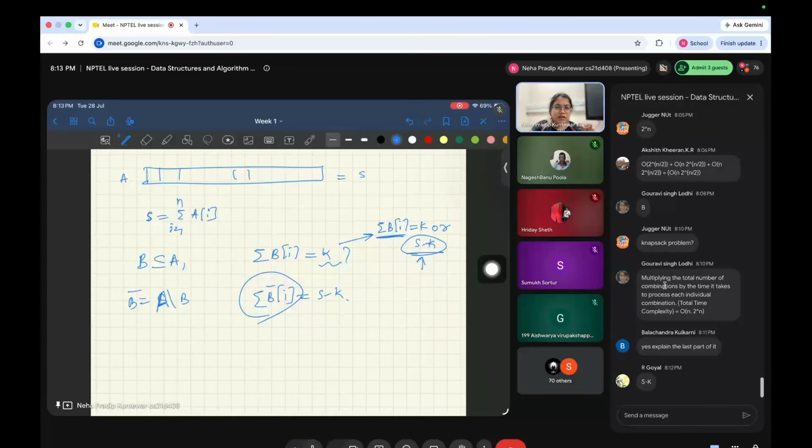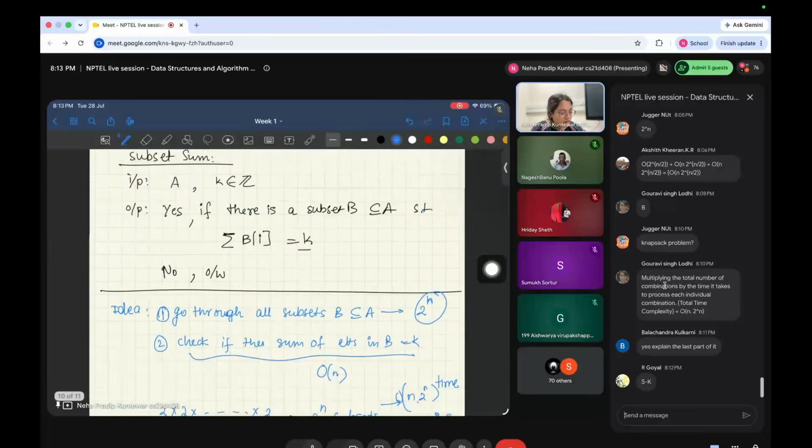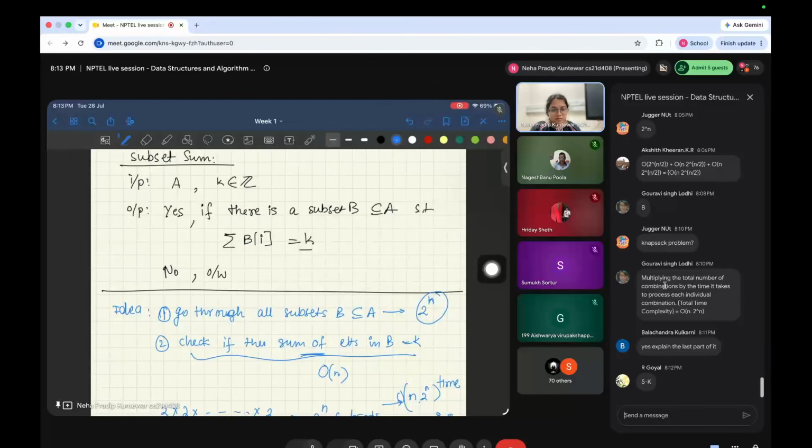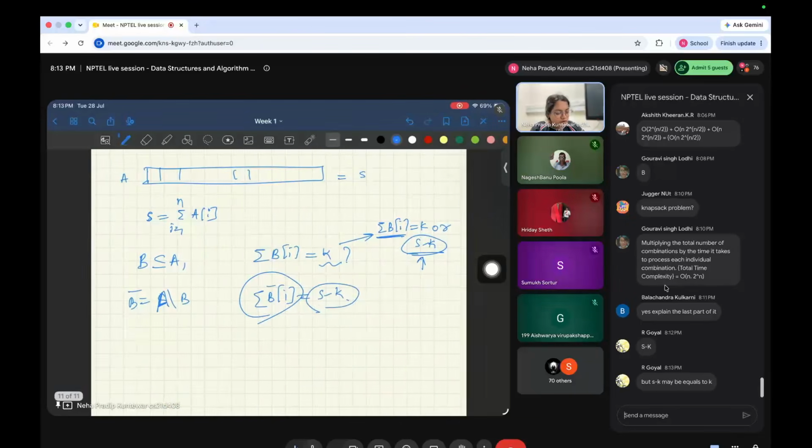So by doing this, we are saying that half the sets are redundant. You don't need to spend order n amount of time here in finding the sum, because you already know that the sum is going to be S minus k. Yeah, S minus k may be equal to k. That is not a problem, because the answer will be yes anyway.